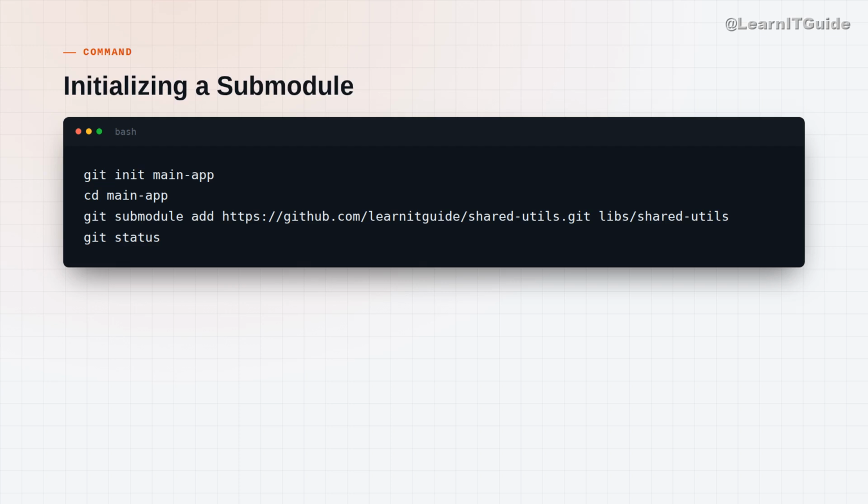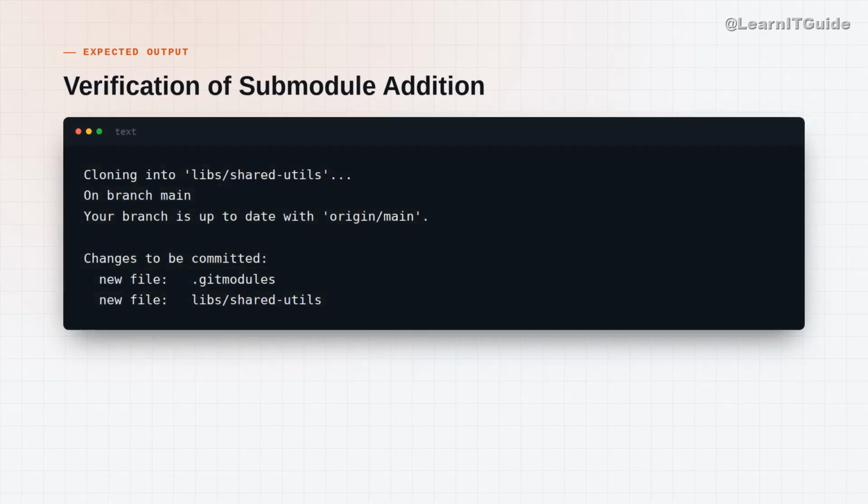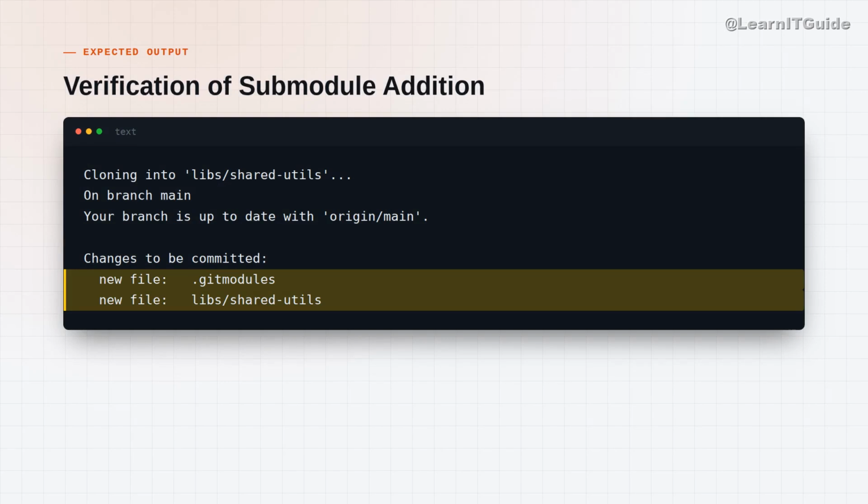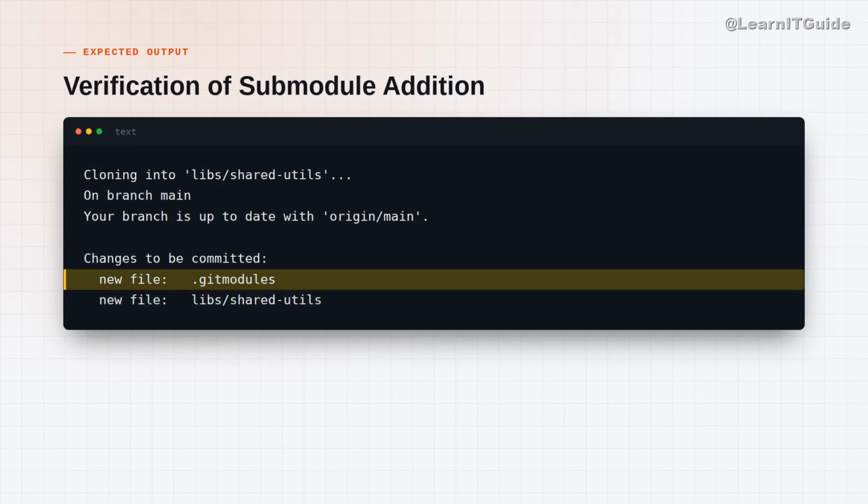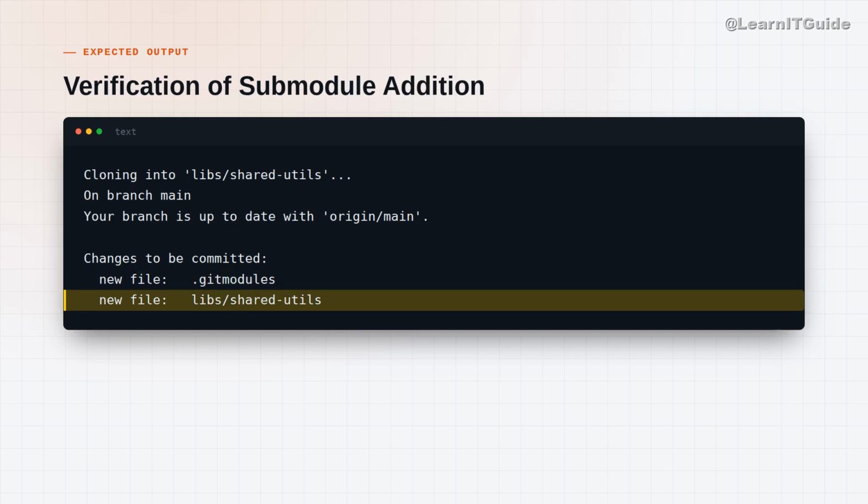Let's see what the output looks like when this finishes. You should see that Git has successfully cloned the repository and staged 2 new files, the .gitmodules file and the submodule directory itself. If you run git status, Git will show you these changes. This confirms that the link has been created and is ready to be committed to your main repository's history.